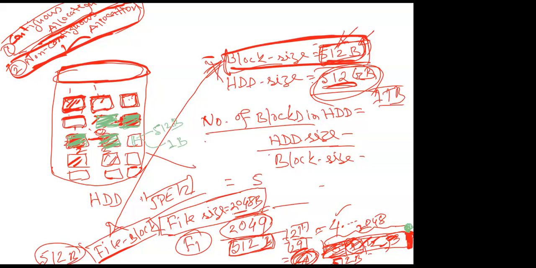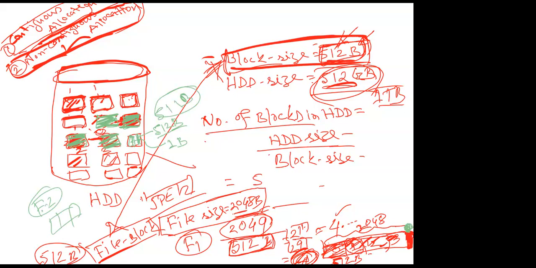Okay, now you can ask: here is 1 byte used, and another 511 bytes are free. So can I use this free space for another file, let's say file F2, which also has some blocks? Can I use this extra space for another file? Answer is no. We cannot use it, because each block should be assigned to a particular file.